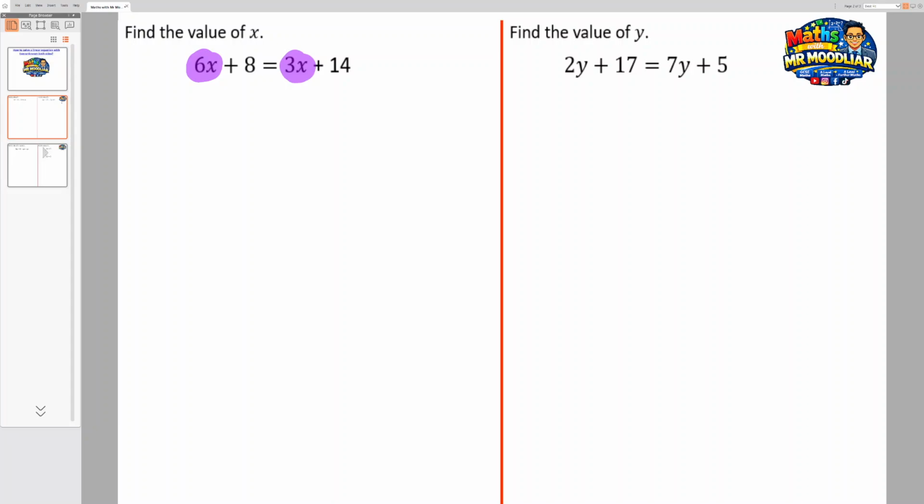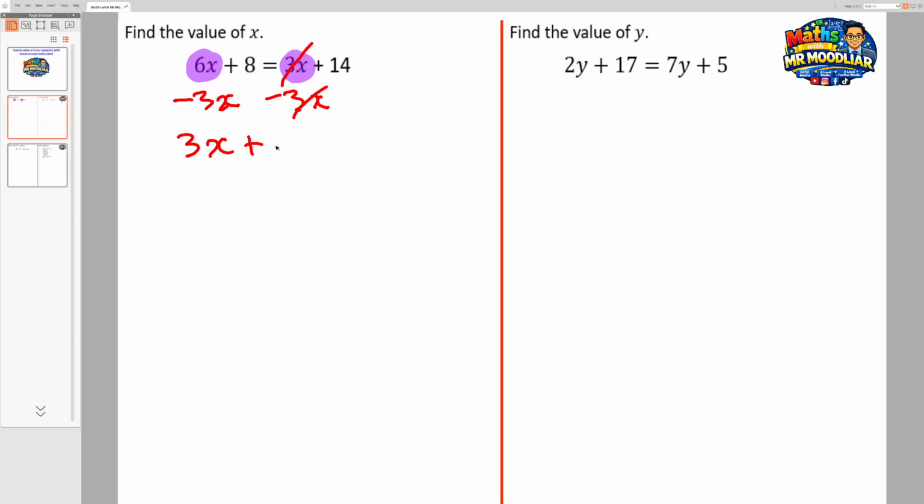So from there, I am going to subtract 3x. I'm implementing the inverse operation of addition. So we have take away 3x both sides, and the 3x will cancel out. On the left-hand side, we have 6x take away 3x, which is going to give you 3x.